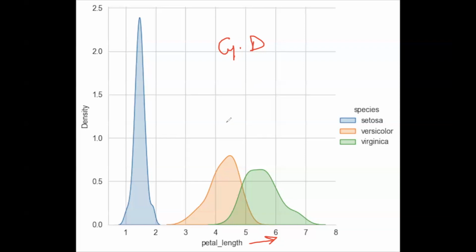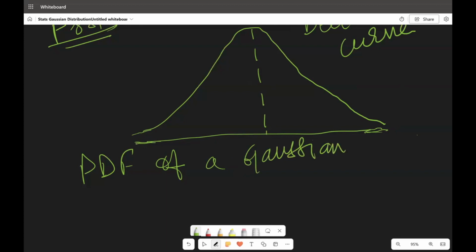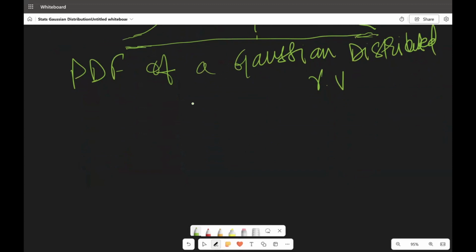So the Gaussian distribution is a very popular distribution that is used extensively in statistics, and we will learn everything about it one by one. The bell-shaped curve that you see is basically the probability density function of a Gaussian distributed random variable. So let's assume X is a continuous random variable.